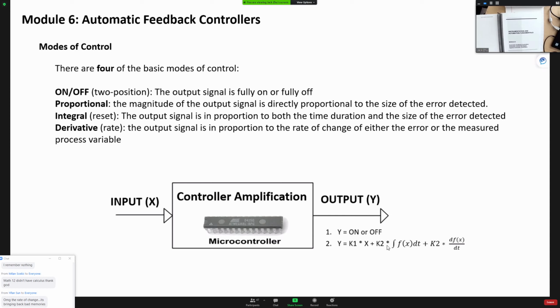So that's some kind of thing. It's a calculus function, a mathematical function, but they try to integrate it into the control system.